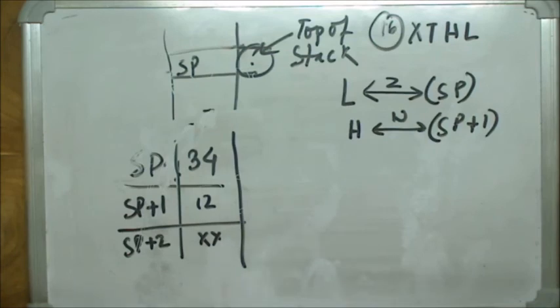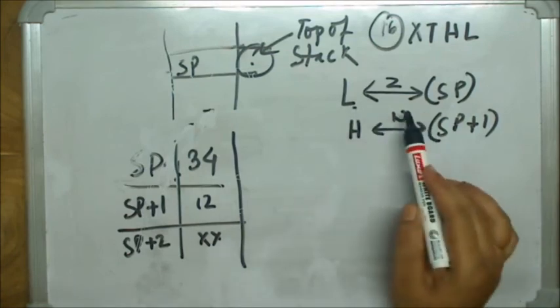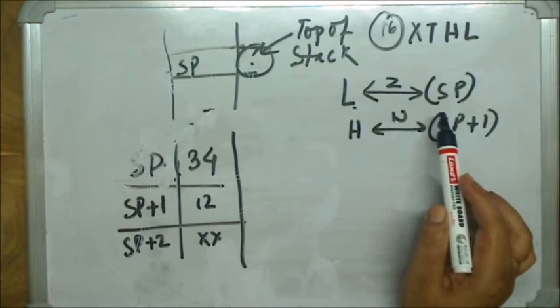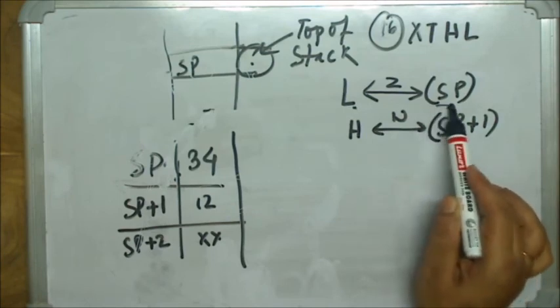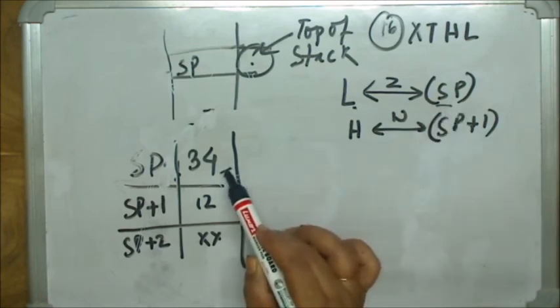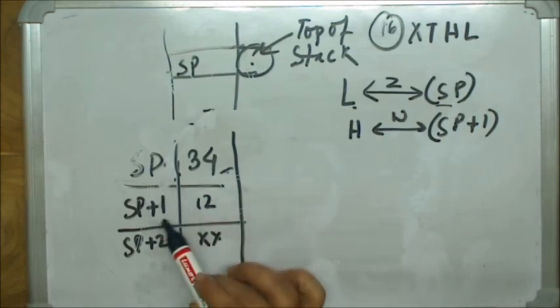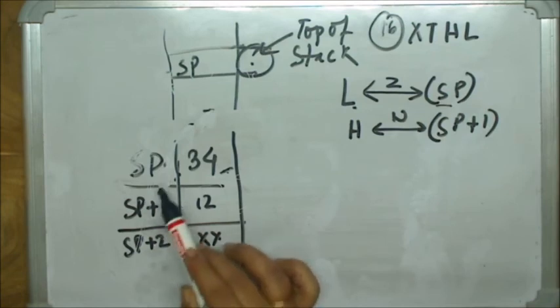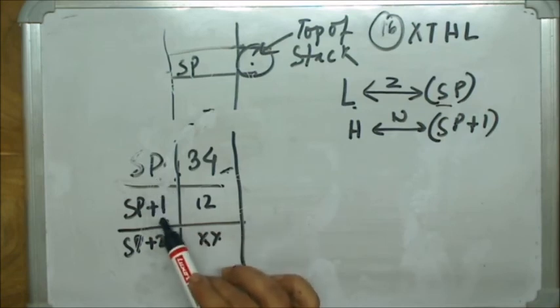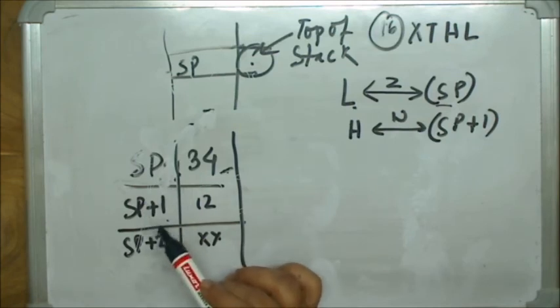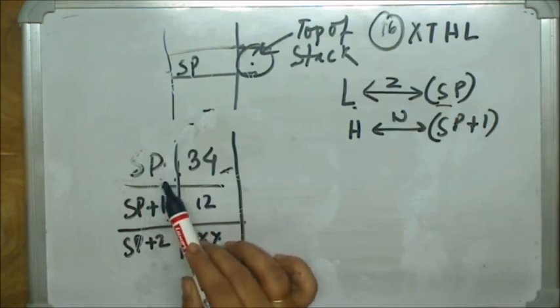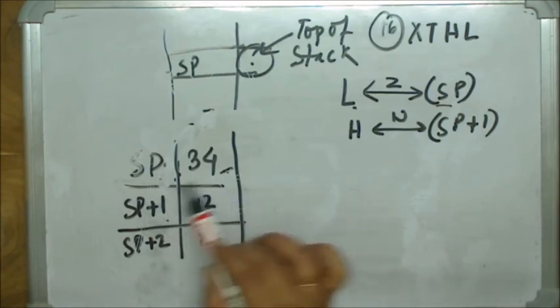L will be exchanged with the topmost element, that is 34H, because this will be the lower address and this will be the higher address.